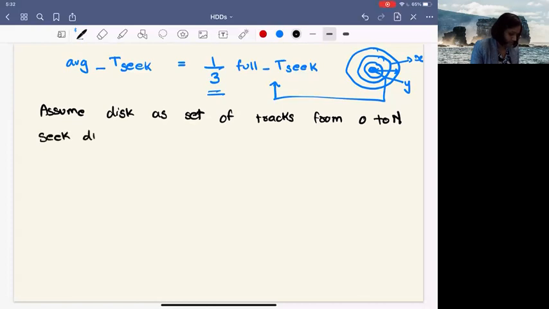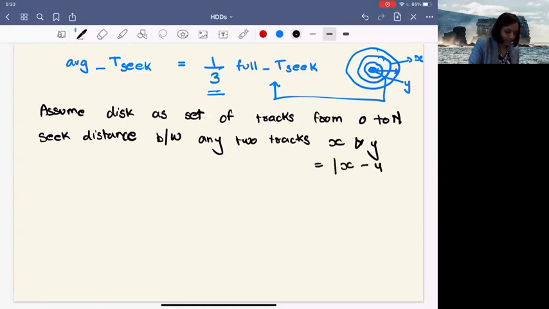Now seek distance between, that's just my acronym for between, any 2 tracks X and Y, as we see in the figure, would be absolute value of x minus y, right? Because distance from x to y or y to x is going to be the same. It's still the seek distance from x to y. So absolute value.